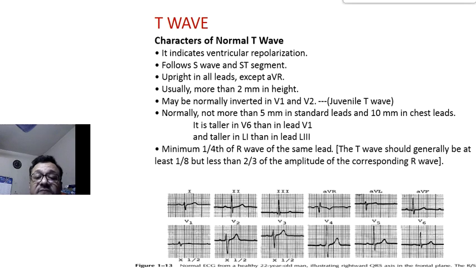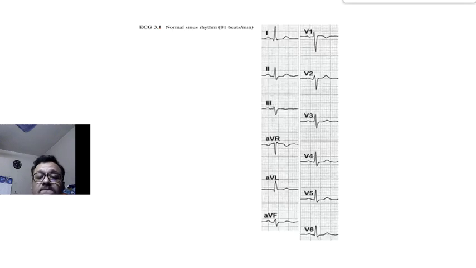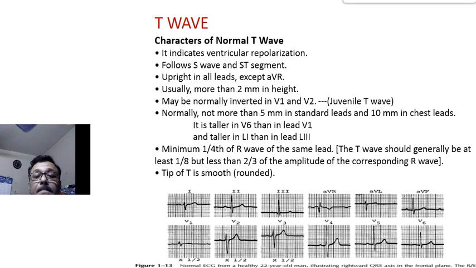It is taller in V6 than V1, and taller in standard limb lead 1 than lead 3. It is at least 1/8 but less than 2/3 of the amplitude of the corresponding R wave. The tip of the T is smooth and rounded.